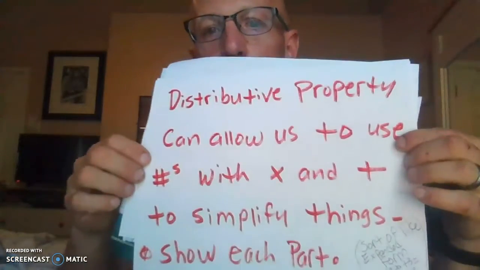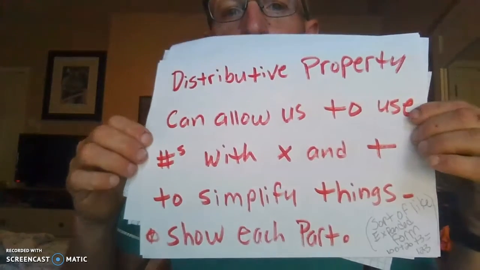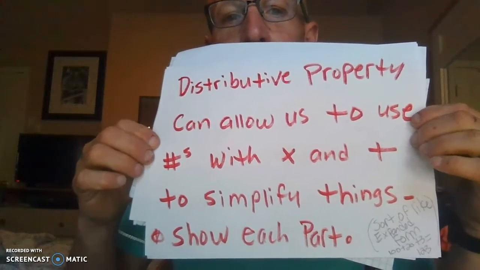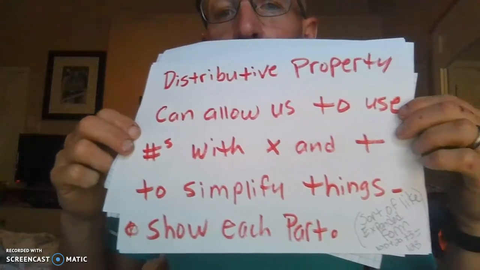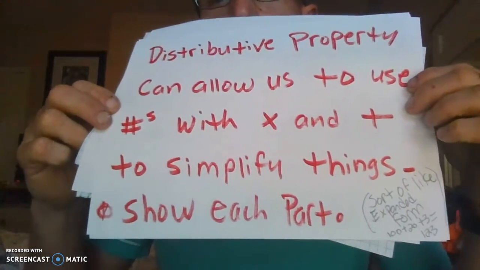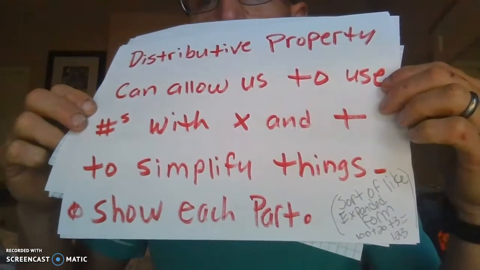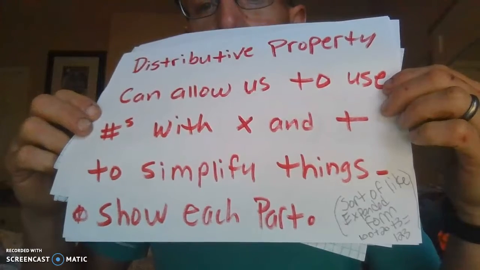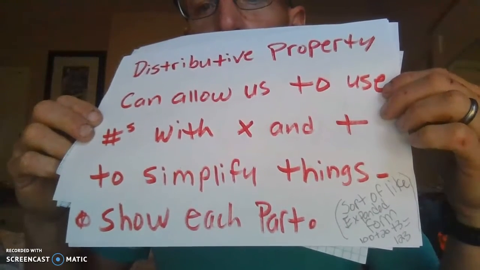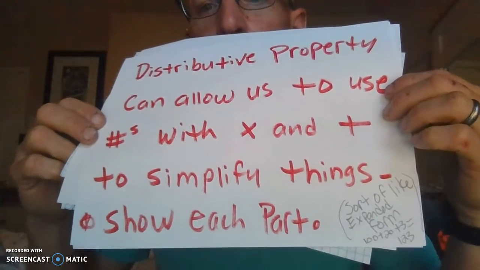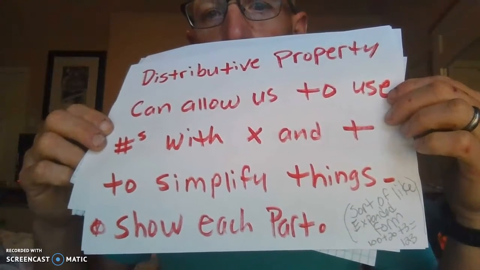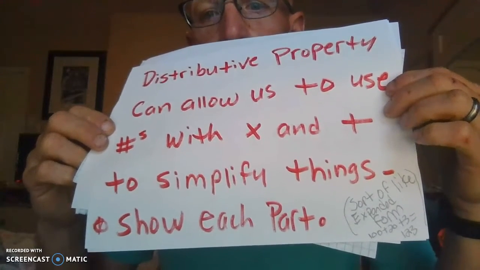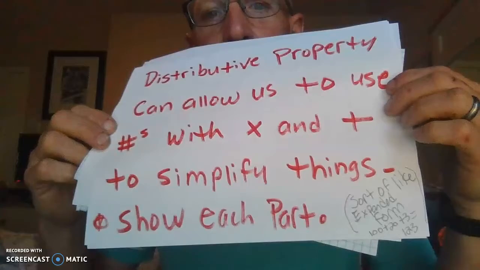So distributive property allows us to use numbers with multiplying and adding to simplify things. And I kind of put on the bottom corner here, it says sort of like expanded form, you can see there. So we might express the number 123 as 100 plus 20 plus 3. So we've broken that number up into some simpler parts to express each place.